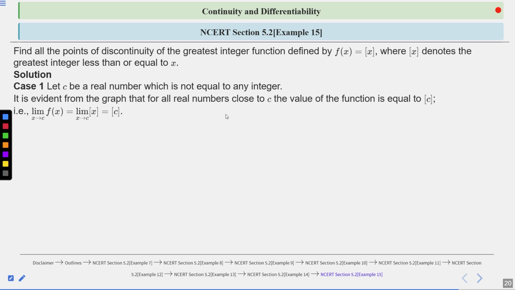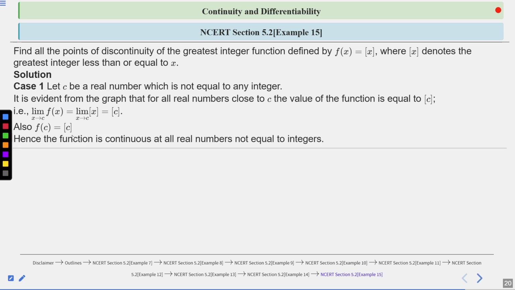That is, the limit as x approaches c of f(x) is equal to the limit as x approaches c of [x], which is equal to [c]. Also, f(c) is equal to [c]. Hence, the function is continuous at all real numbers not equal to integers.